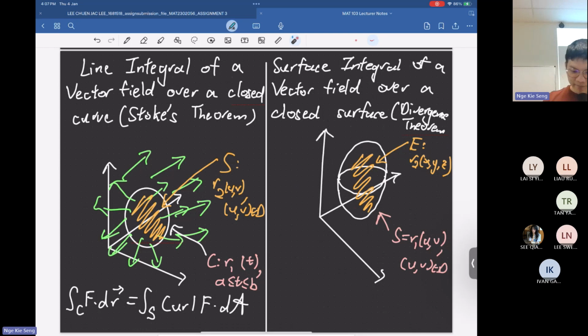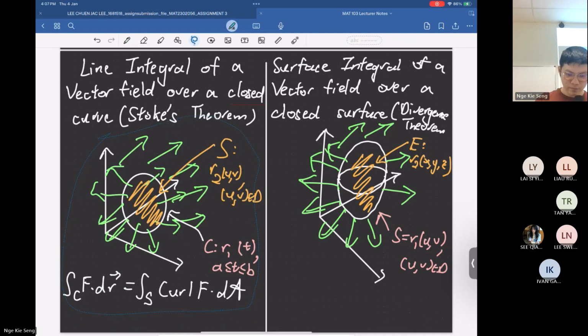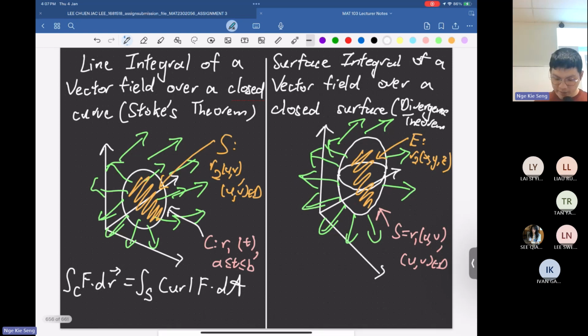And then over this surface here, I also have a vector field, for example like this. So what happens in the divergence theorem?